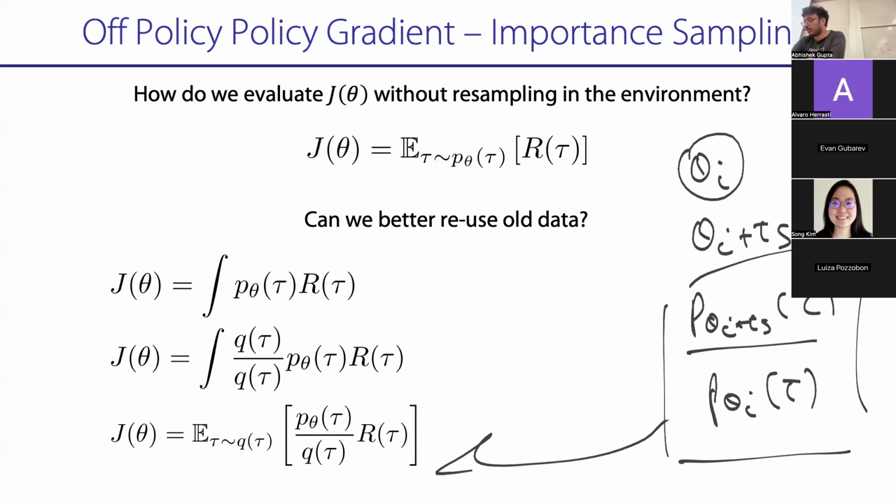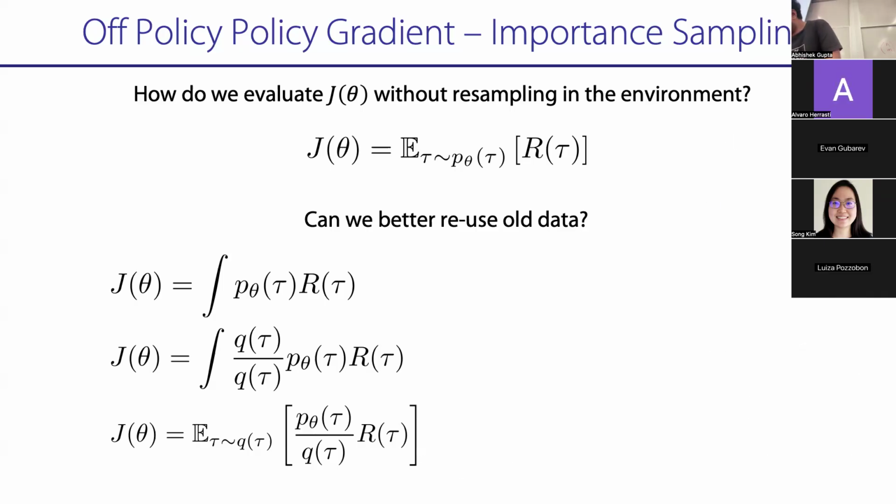And so I can do backtracking line search because if I can get this ratio, then I can just reweight the expectation to get my J, right? So the question is, how do we compute p theta over q for our particular choice of p theta and q, right?